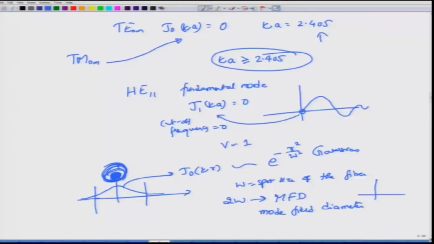in order to have a well confined field. If you look at how the mode field diameter itself changes with respect to V for the fundamental mode, we will see that initially the confinement is very small, and then the mode field diameter approaches the diameter of the fiber. For larger values of V, that is close to 2, 2.2, 2.3, it would approach the value of 2a, but always be slightly larger than 2a.